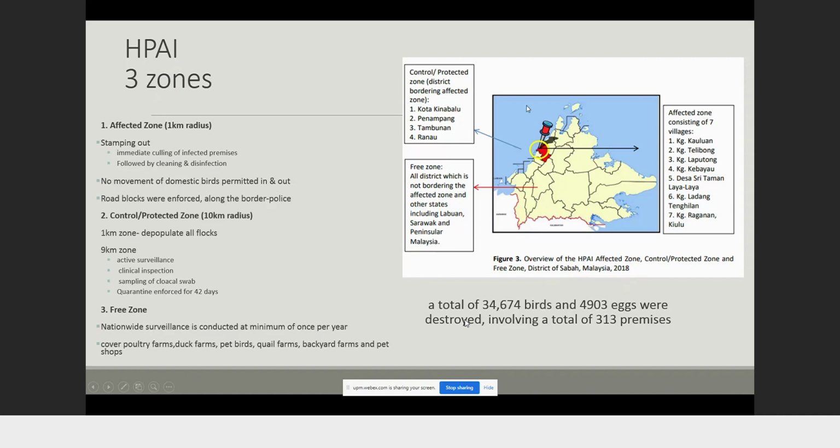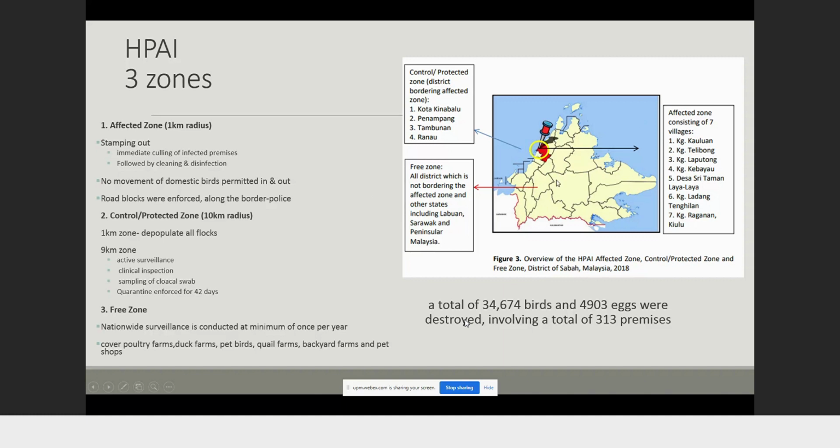So what happens is that they do this zoning and compartmentalization, where they divide the first zone, which is the affected zone. Okay, this is the affected area where the outbreak originated.